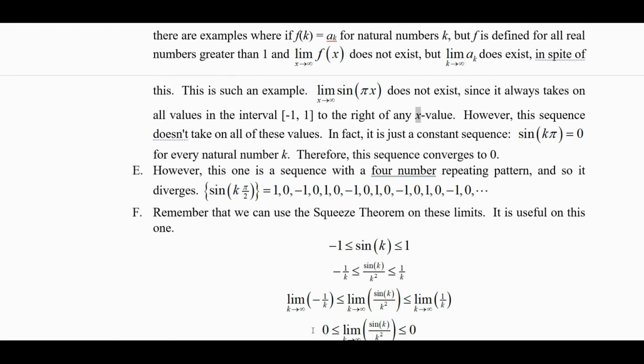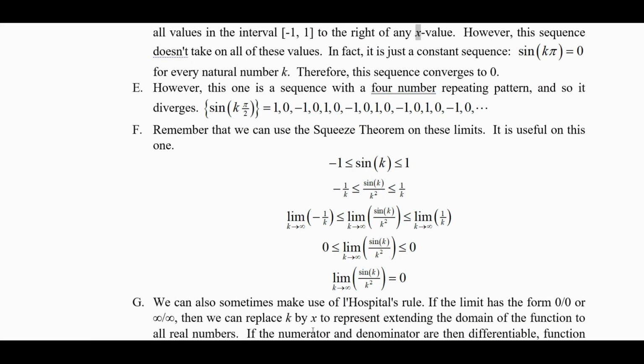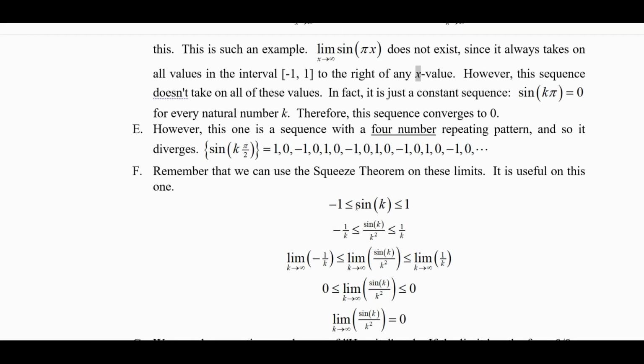Another thing that we can use sometimes is the squeeze theorem, if I remind you about that. Notice that sine of k is always between -1 and 1. So if I divide everything by k, which is a positive number here, -1 over k is less than or equal to sine of k over k squared, which is less than or equal to 1 over k.